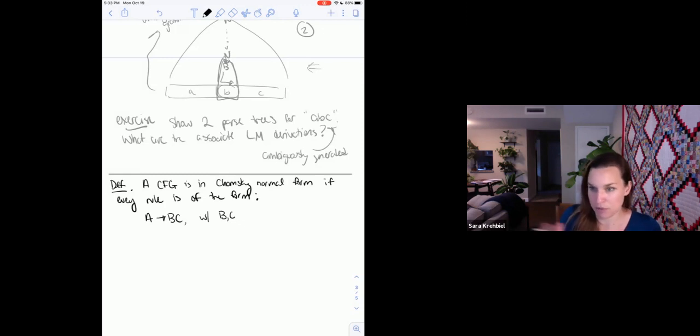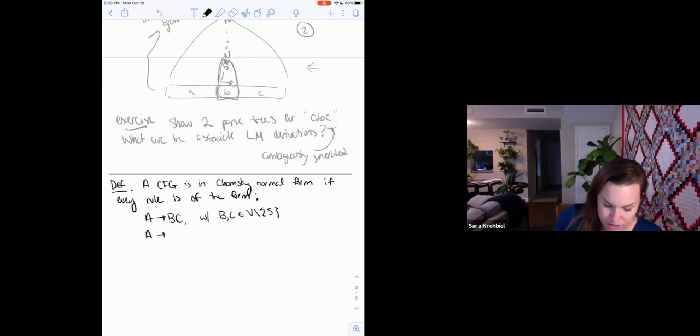A has to be a variable because it's the left-hand side of a rule, but I'm going to specify that B and C have to be variables excluding the variable S. So the start variable is going to have some rules where it's on the left-hand side of the rule, but the start variable is not allowed to be on the right-hand side of any rule.